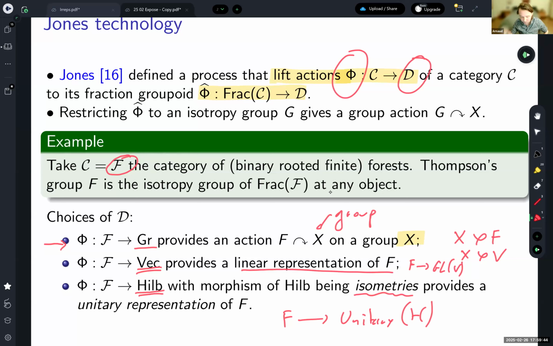Is it too much to hope that every representation may arise this way? Well, it's a great question. Let's say that I will look at one specific class today, and here we can see that not all representations arise this way for a specific class of functors. But for general functors, I don't know.